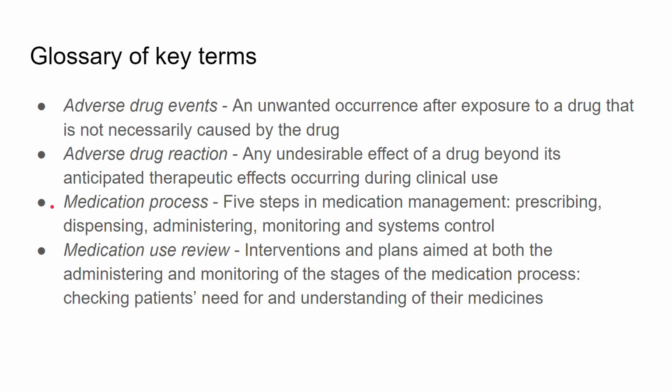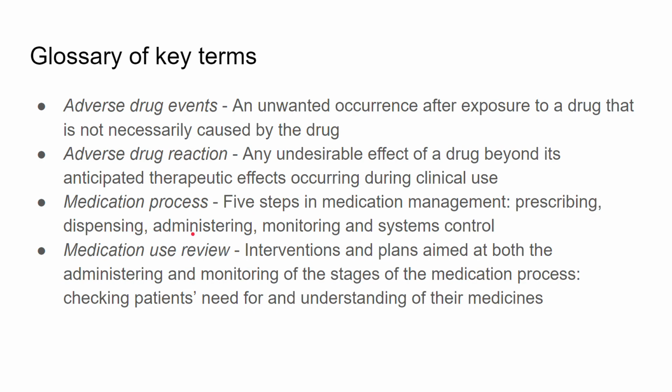So next, let's define what a medication process is. A medication process is the 5 steps in medication management. So it involves prescribing by the doctor or a clinical pharmacist, or in the US, they have now a profession called the nurse practitioner. So he or she is a nurse but can prescribe simple medications. You have dispensing, we do this one.